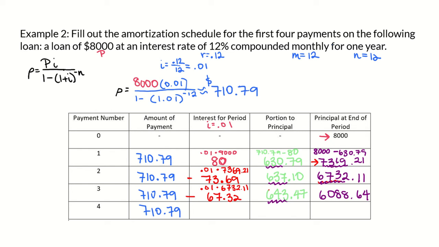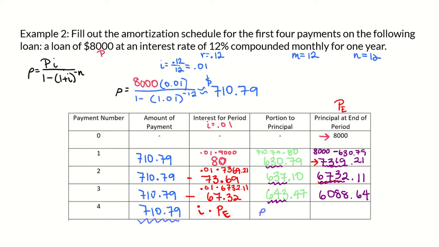So always to get the interest per period, we're doing I multiplied by the principal from the previous row. Let's call that P sub PE for the principal at the end of the previous period. And this is whatever the payment amount is, which in our case was $710.79.